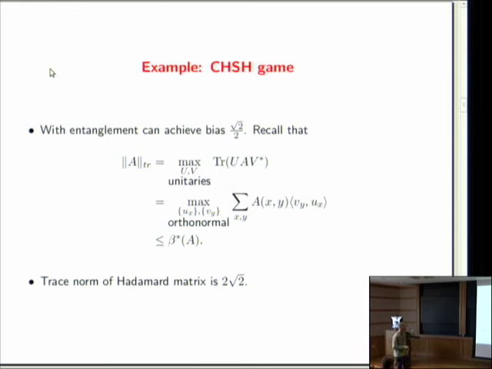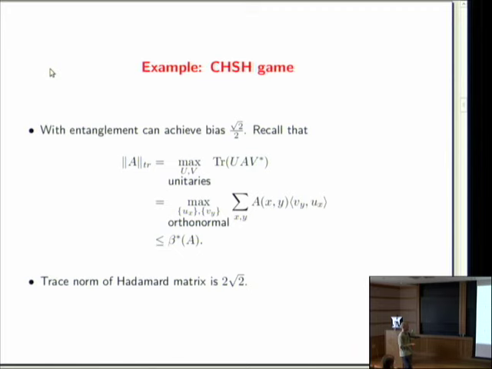Since the trace is cyclic, I can bring this u over to the other side and write it in vector form. This is the max over orthonormal sets of unit vectors ux and vy, of the sum of Axy times the inner product of vy and ux. So ux is just the rows of u, and the same with y.